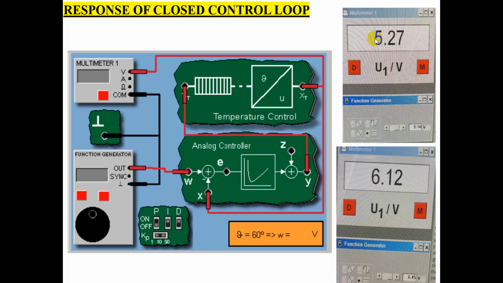So to get 6.1 here, I also have some value equal to 6 or more. Basically I got 6.12 when my function generator value was 6.45. The value of W is connected with the function generator, so it is 6.45 here, at 60 degrees centigrade, which is equivalent to 6.12.